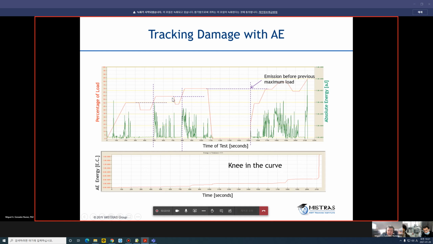But then again, when we reach this point and start to unload the blade, there is no energy release at this point. Again, we continue the loading schedule, and we continue increasing the load. You see, from this point to this point, there is no energy release until we reach the previous maximum again. So there is energy release here, even during the whole hold period.